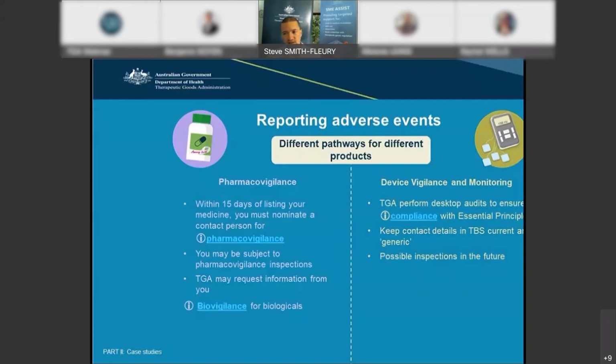So do consider using a general email so the email's not missed if someone is away or leaves your business. Now, the devices post-market monitoring team may go out on inspection in the future, but at this stage, that team currently does not conduct inspections.